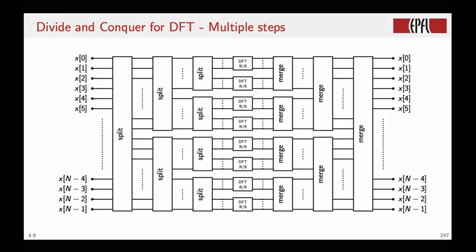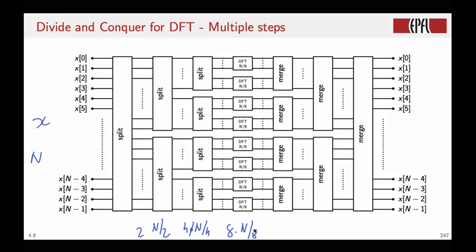Graphically, this is a very complex diagram, but you don't have to draw it yourself. You can just admire it here on the slide. So you take the vector x of size n, you split into two problems of size n over 2, you split into 4 problems of size n over 4, and finally 8 problems of size n over 8.